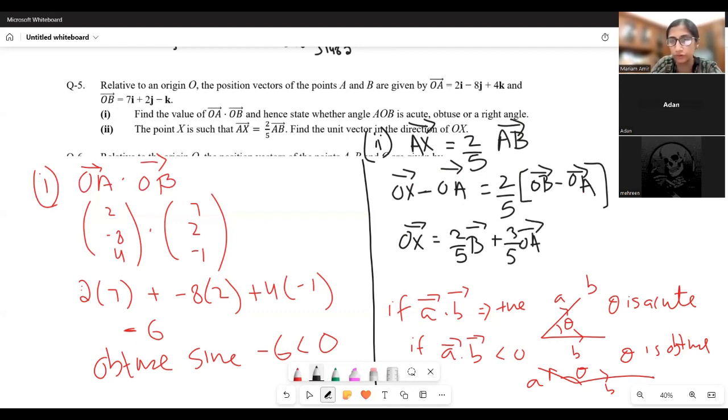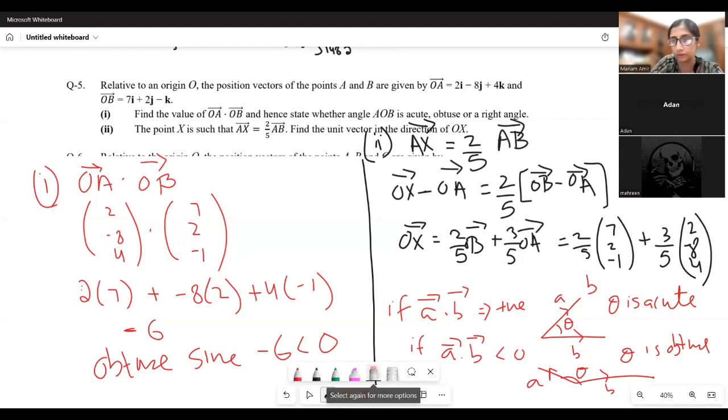Now all that's left to do is substitute. 2 by 5 OB, sorry, 2 by 5 के साथ OB करना था. 2 by 5 OB is 2, 7, minus 1, and plus 3 by 5 of OA, which is 2, minus 8, 4.